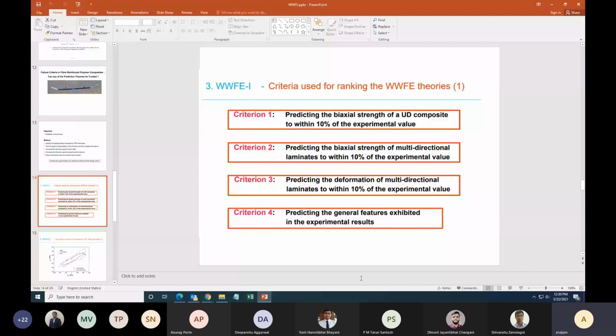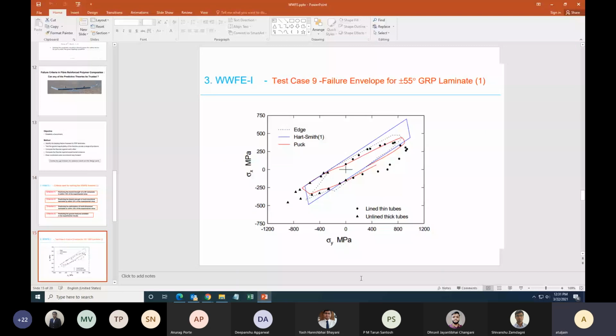So a large number of tests was done. The loading was declared, the material type was declared, but the strength was not declared. The people who have developed the failure criteria were challenged to predict the failure strength within 10% of the experimental value. And more or less, the data plots look like this. So these markers are the experimental data that has been shared.